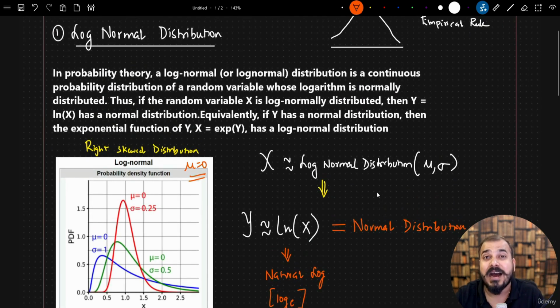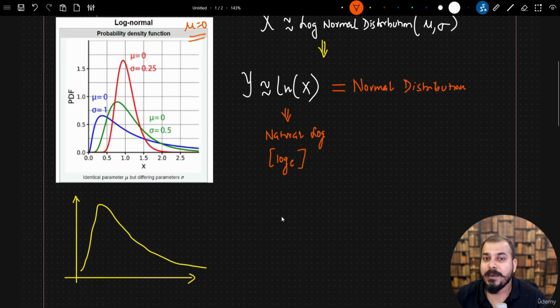And that is what the entire log normal distribution talks about. Now, equivalently, if y is equal to natural log of x, then I can also define x, which is a random variable, and suppose, let's say, I try to calculate x with the help of exponential of y.